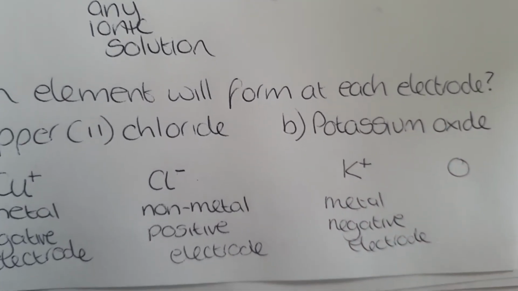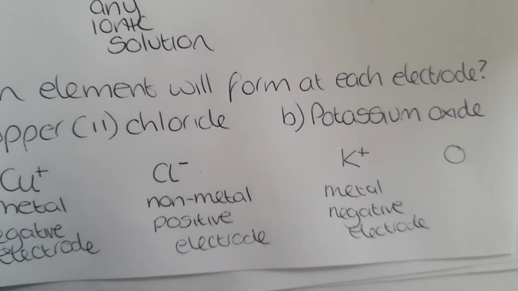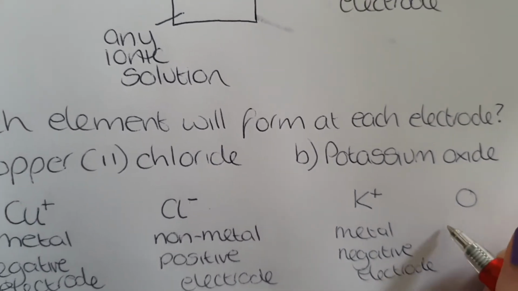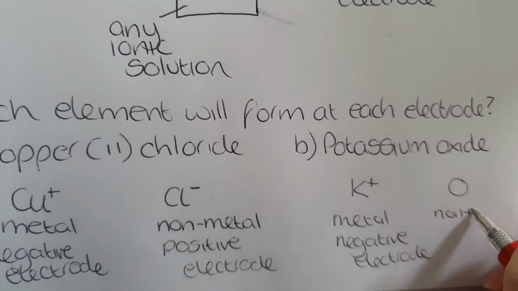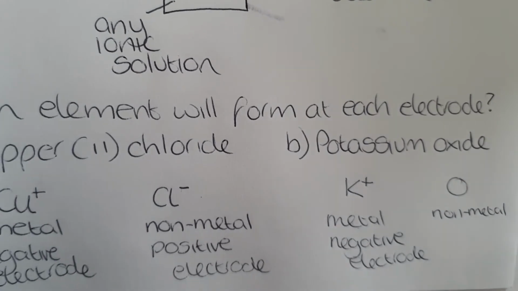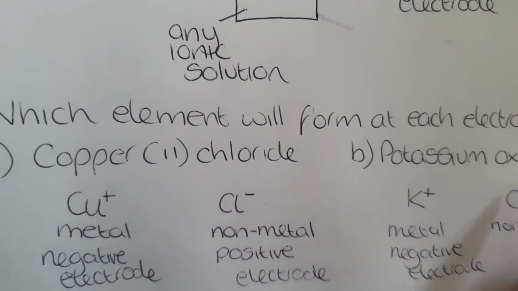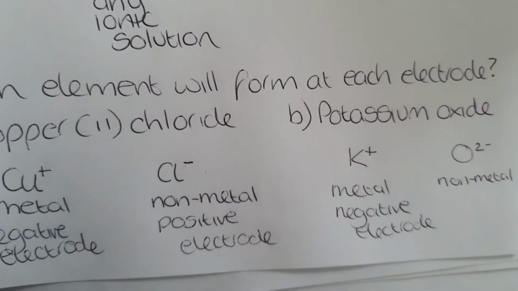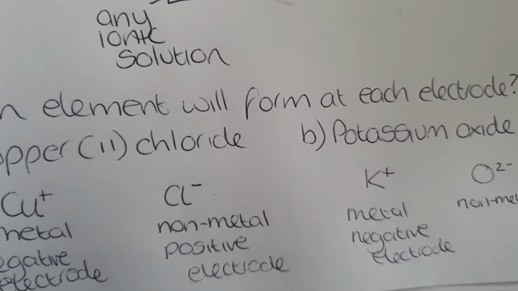Whereas oxygen, you're assuming it's the opposite, but double check. Oxygen you'll find on the right of the staircase, which is a non-metal. It would be a negative ion. Now, if you want to be even more specific, it would be an ion with a 2 negative charge, based on what we've learned about valency and ionic charge.